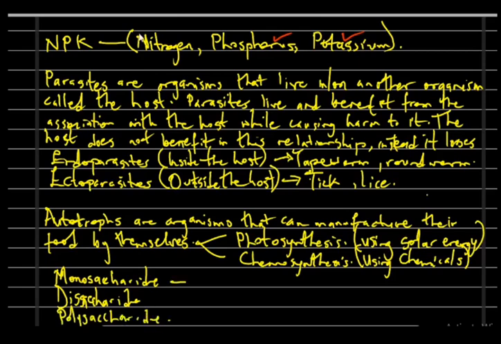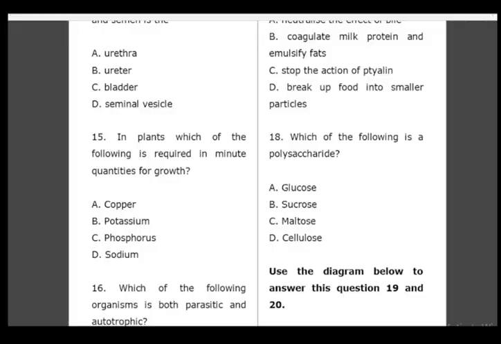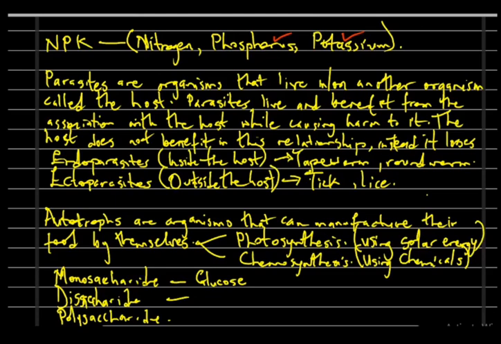So examples of the monosaccharide, we have glucose. Glucose is a major example of the monosaccharide. Now from our options, we have two other substances there. We have the sucrose and the maltose. Those are disaccharides because we have more than one sugar there. The saccharide there means sugar.